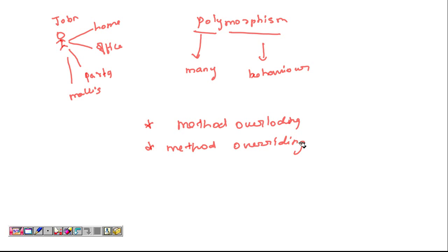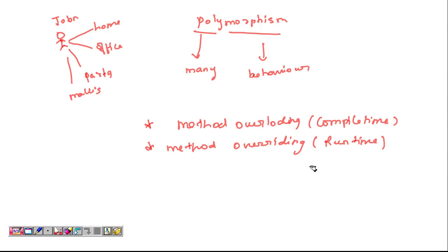Method overloading is called compile time polymorphism, and method overriding is called runtime polymorphism.